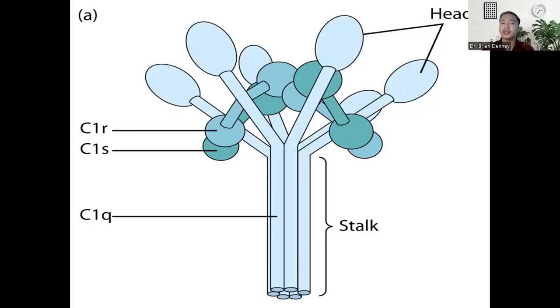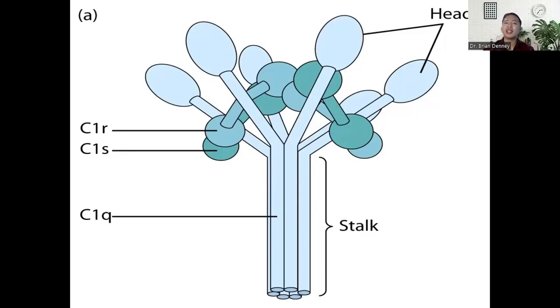What particular component or subunit of the C1 binds to the antibody that is bound to the surface of this antigen? It is C1q. And what particular part of C1q binds to the antibody that is bound to the microbial surface? It is the globular heads.